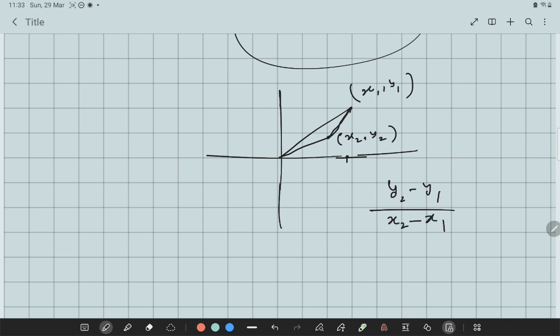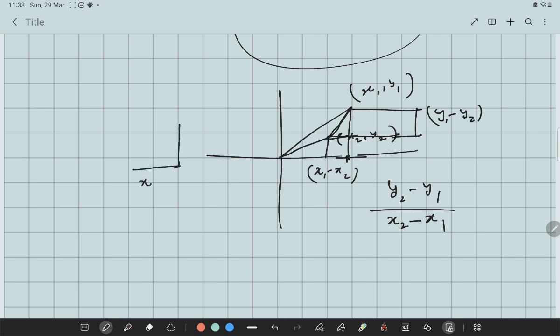If you take the x2 minus x1 difference, it could be something like this. Whatever the value of x1 minus x2, in terms of positive value, this would be the difference. In terms of y, it would be y1 minus y2. If I draw that, it could be like a triangle over here.